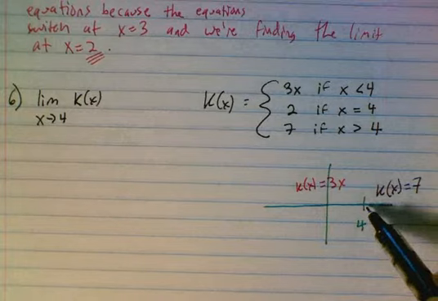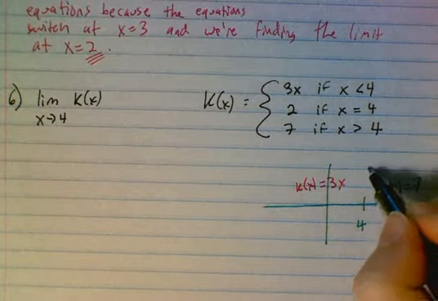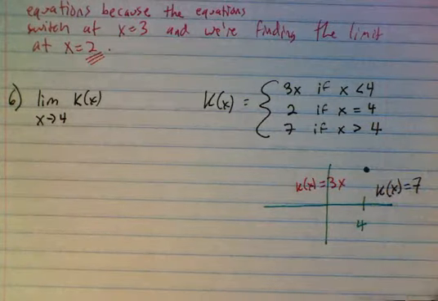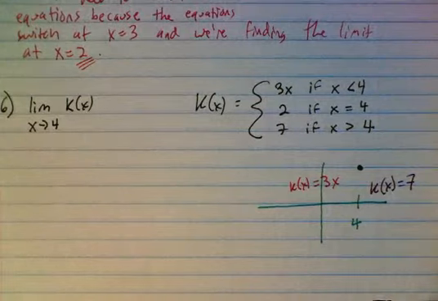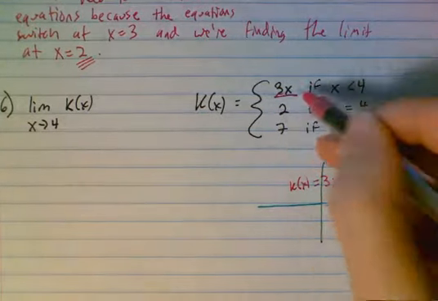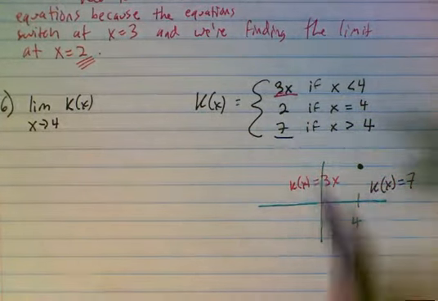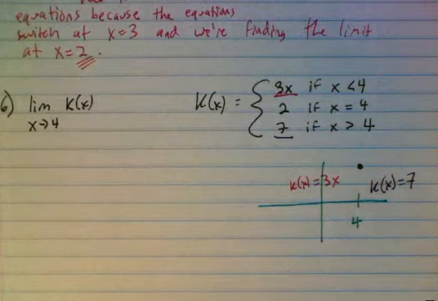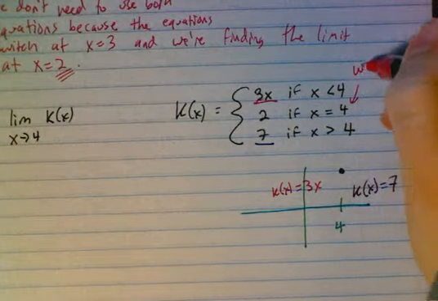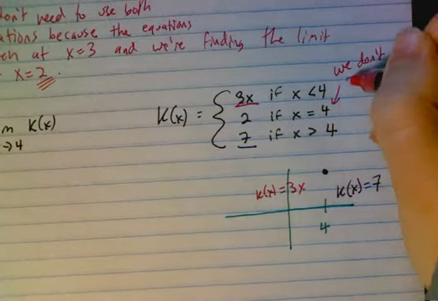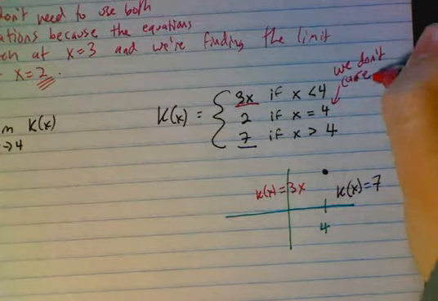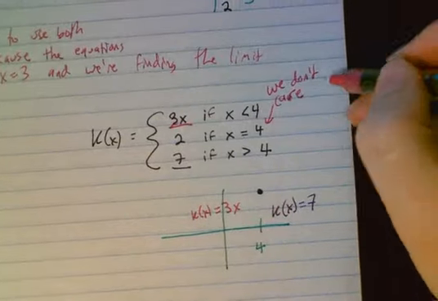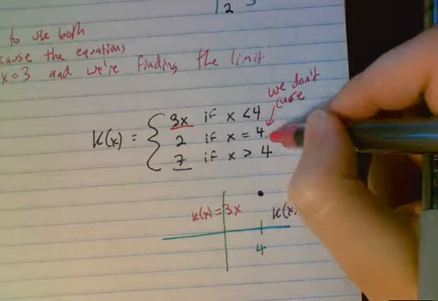And then exactly right here, when x exactly equals 4, there's a little dot at 2. I'm just going to underline those in the colors. Now, the really key important thing: when x equals 4, we don't care what's happening.